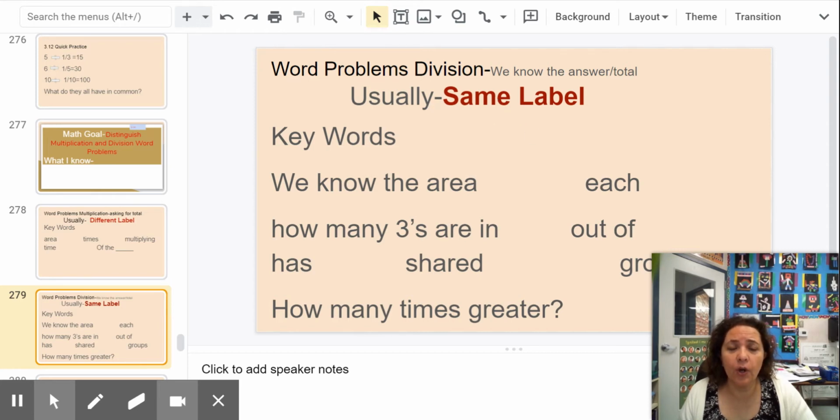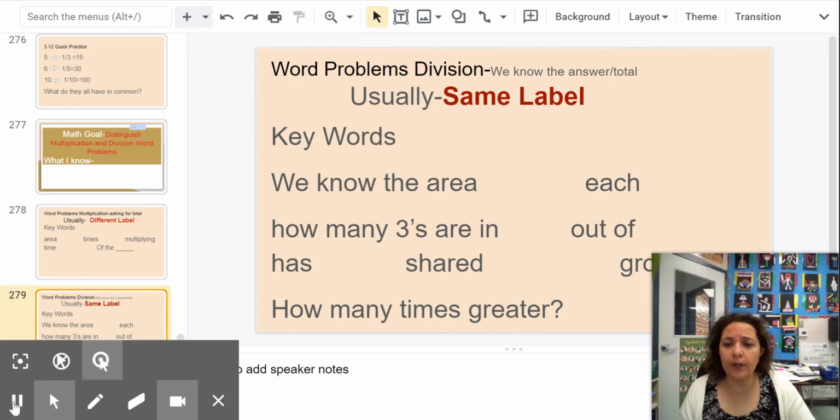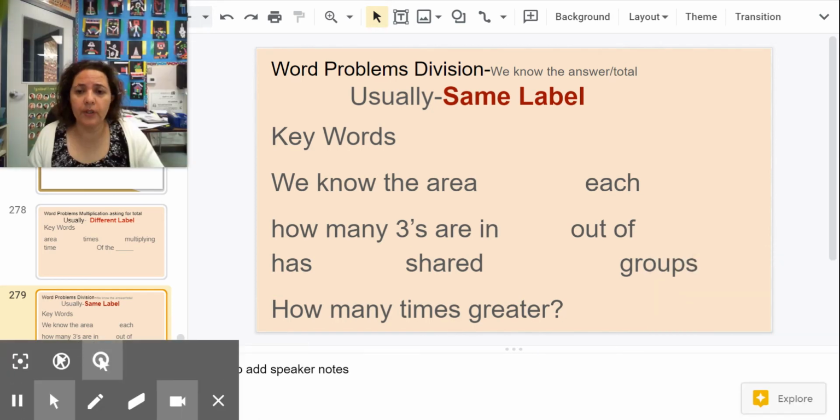If so, and it has a total, then I know it's division. Keywords: area, each, how many somethings are in something, out of something, has, if you have something, shared, groups, and how many times greater. And groups, my face was covering it up.